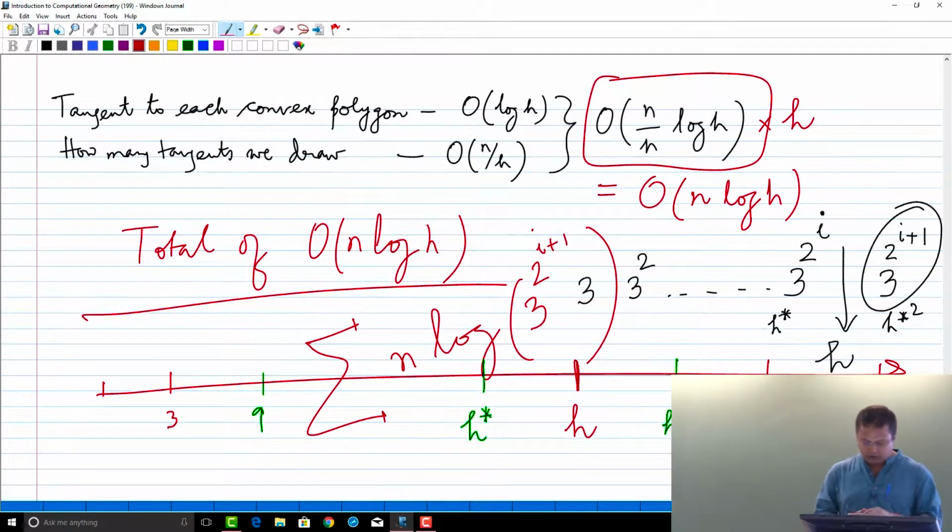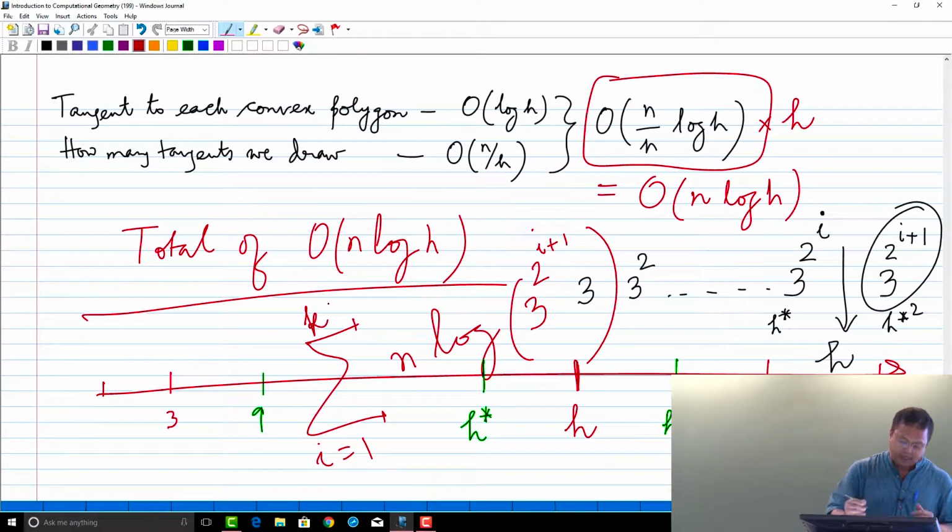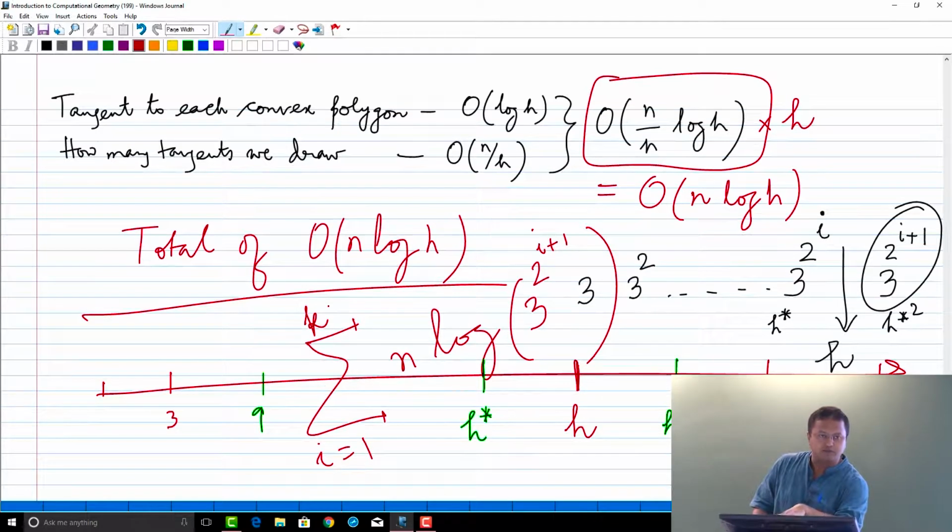So, the sum would be over k such that 3 to the power of 2 to the power of k plus 1 is less than h square, fine, and then your algebra follows. What I suggest is, I will be here around today evening, just do this algebra.